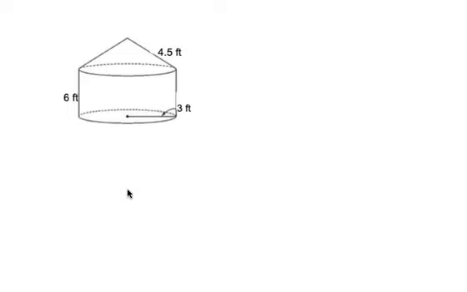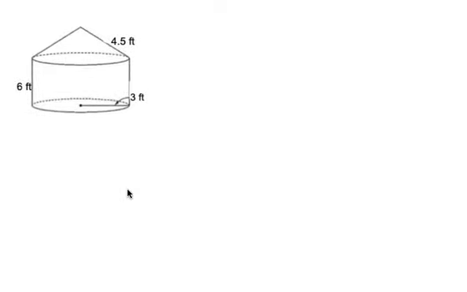All right, so you should have this one drawn in. So like we said, it's a cylinder on the bottom, and it is a cone on the top. So here's what you gotta know. This right here, the top of the cylinder and the bottom of the cone, is not on a surface. That's not on the outside. What is on the outside is this piece, which is the lateral area of the cone.